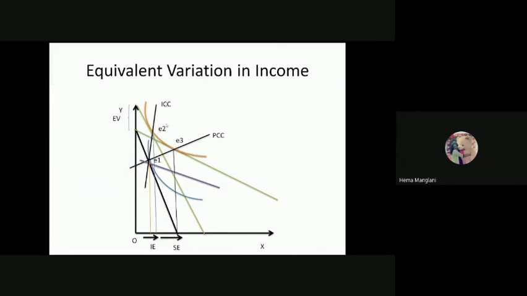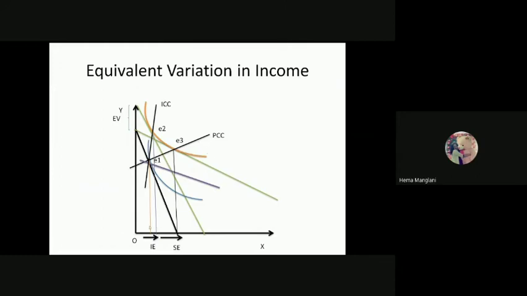So that's why from E2 to E3, you would come down. Okay, so more of X now he would like to consume. So this effect from E1 to E2, you would call the income consumption curve, and from E1 to E3, you call it the price effect curve.